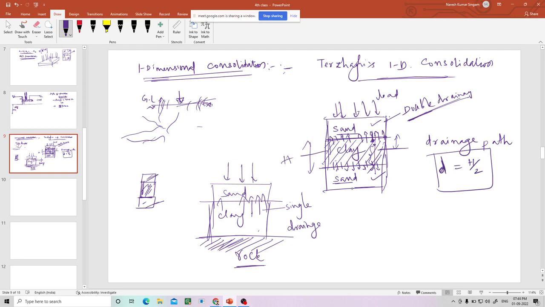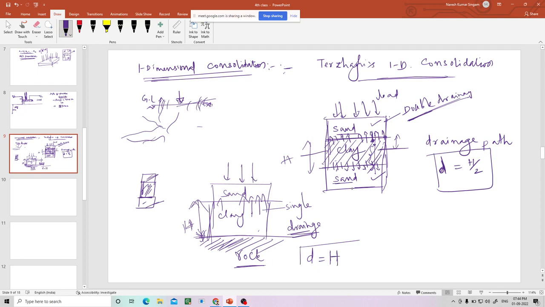Whereas coming to the single drainage condition, what is the drainage path here? If the clay layer height is H, can someone reply from the audience? H only, sir. H only. Why? It's a single drainage.